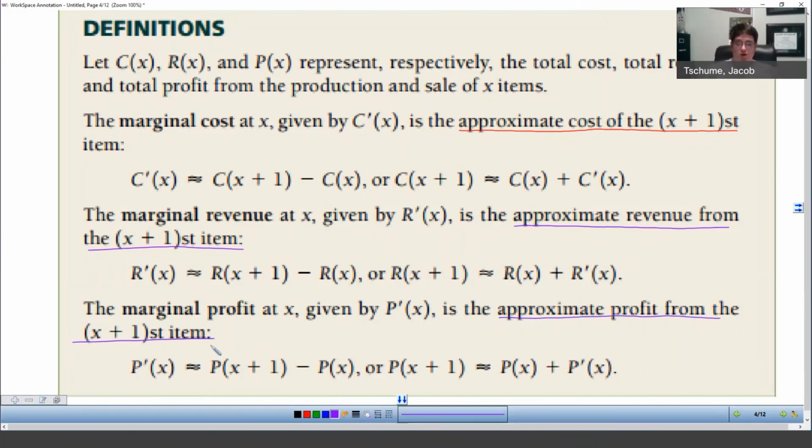So in layman's terms, when you take the derivative of a function, either cost, revenue, or profit, and you plug a number into it, you are approximating the next item in line of the number you plugged in. So if you plug in 12, you're approximating 13. If you plug in 50, you're approximating 51. That's the idea of what marginals are.